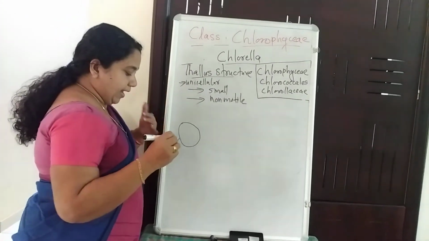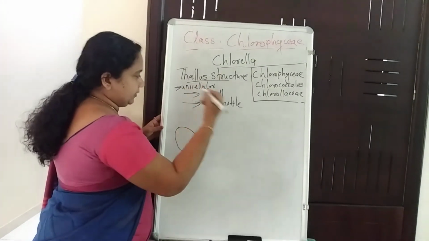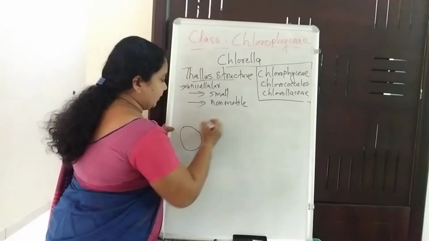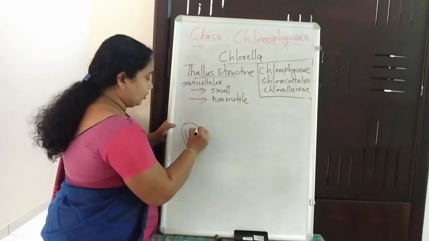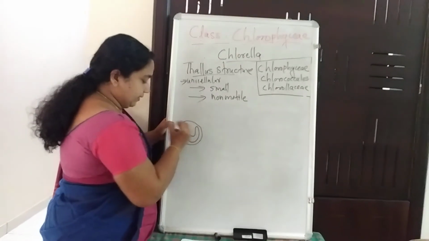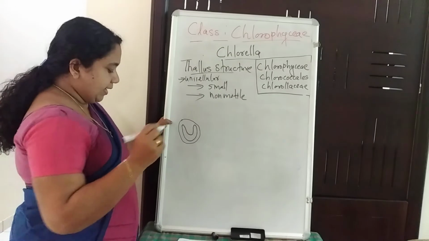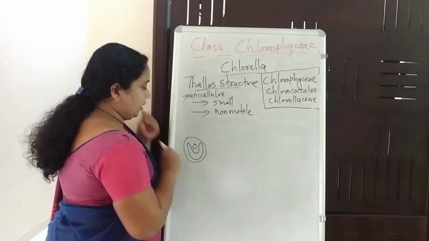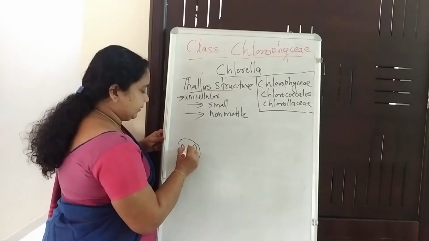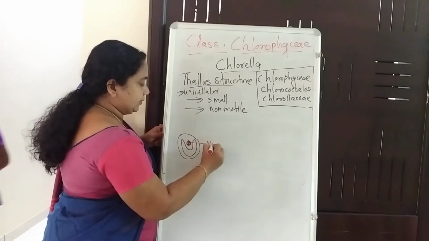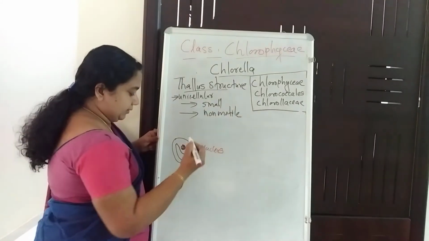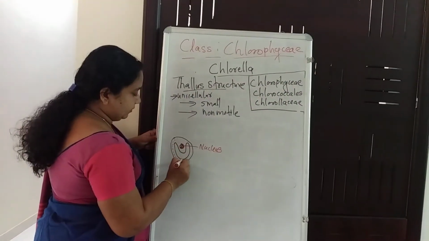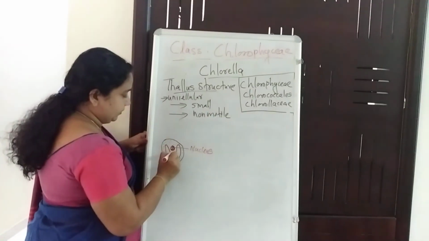When we go into the anatomy of the structure, we can find that it has a cup-shaped chloroplast. Within the cup-shaped chloroplast we can see the nucleus. The nucleus is seen, and also the cytoplasm is seen around this structure.